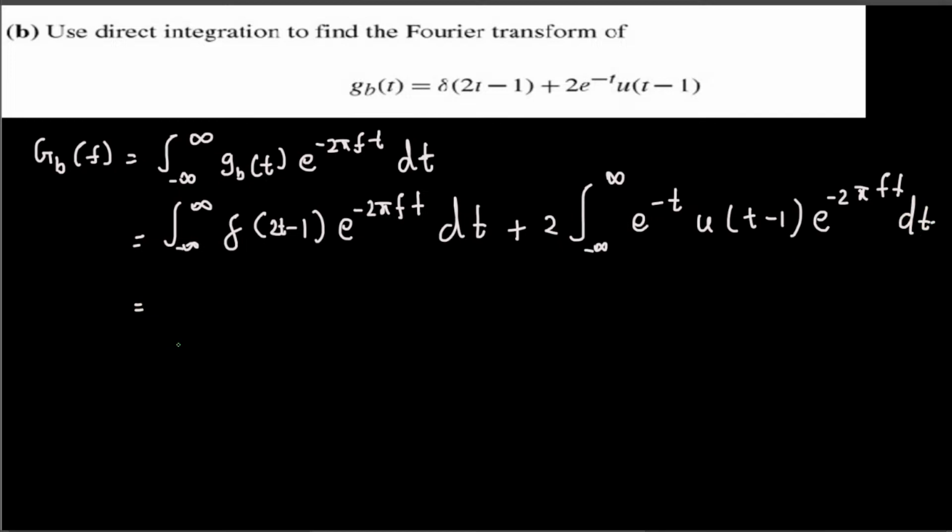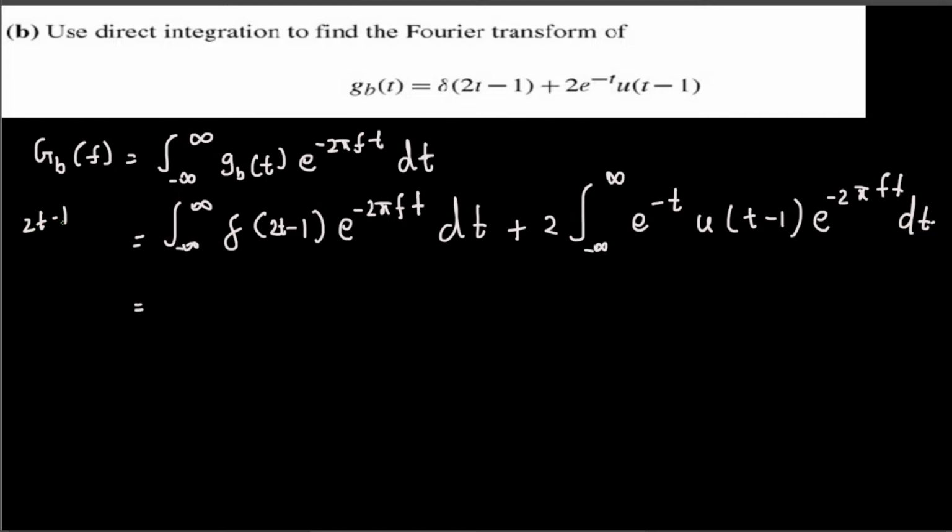Okay, and here we can do some simplifications. For the impulse function, it only exists at time t equal to half. I mean, at time 1 usually, but in this particular situation this is 2t minus 1.